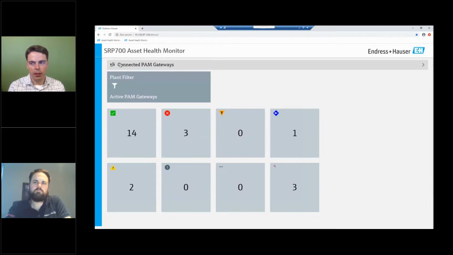So some customers say, well, we don't want to have connectivity yet, we're not allowed to, or we cannot. So then we have this as an on-premise solution. So this is working in the local network. The second thing is, besides looking at the diagnostic, we have a very strict policy that we are not configuring devices via the cloud. So we're not manipulating measurement ranges via a cloud platform. So it's a one-way street.